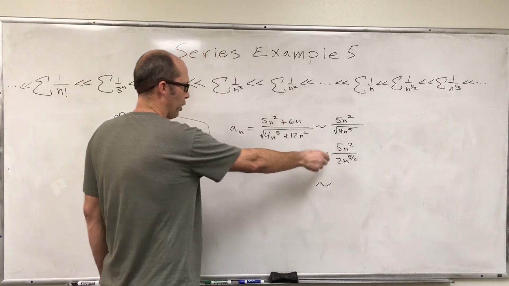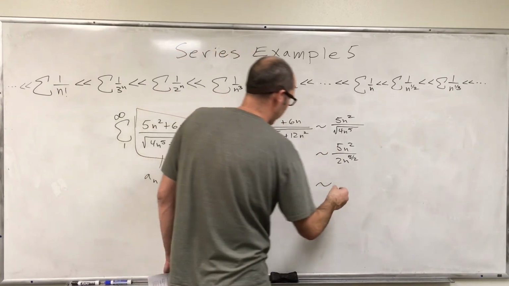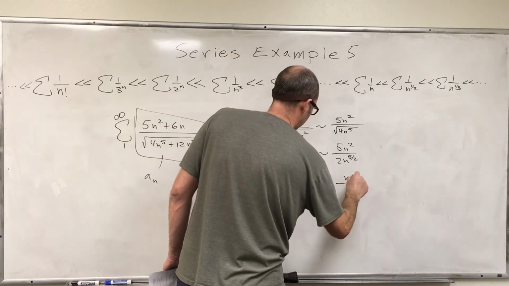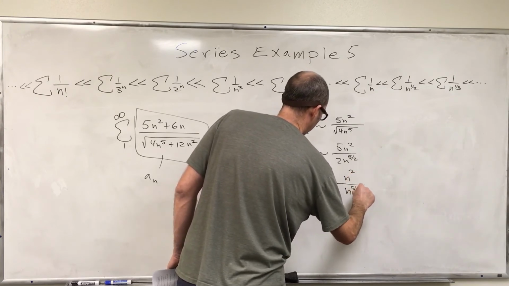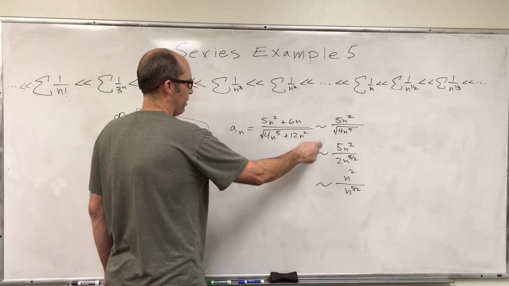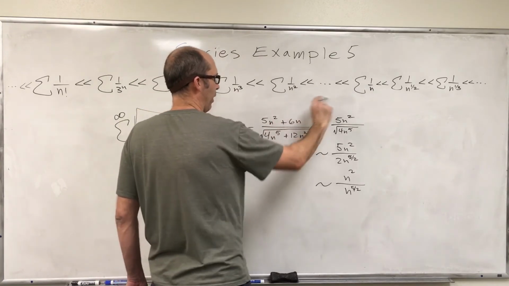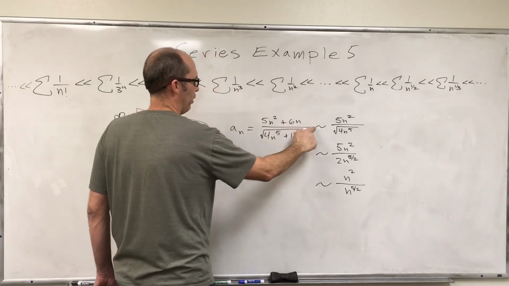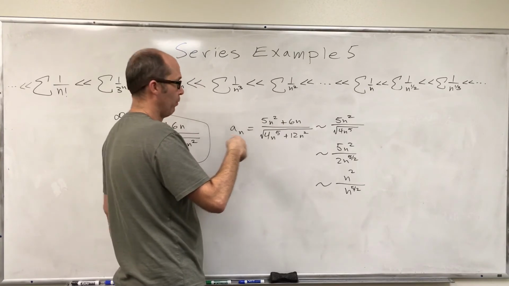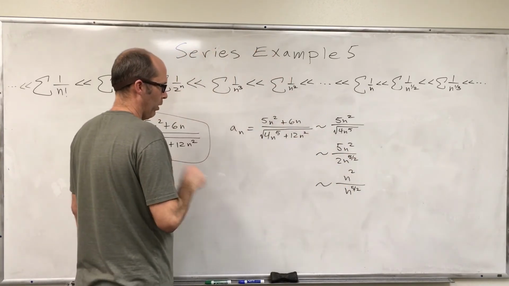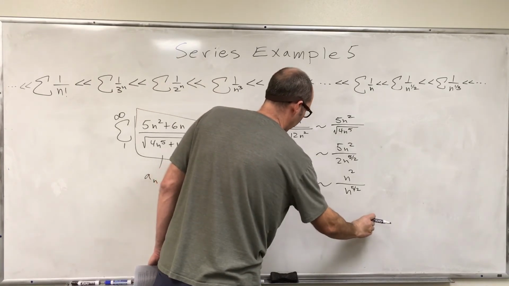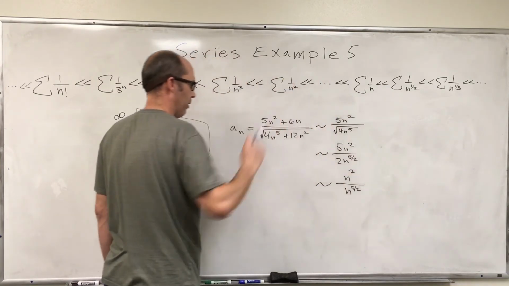Remember that the constants don't really affect things much, so we can get rid of the constants. Think of this symbol as saying has about the same tail as that, and close enough of a tail that whatever we get here, if it converges, very similar to up there.